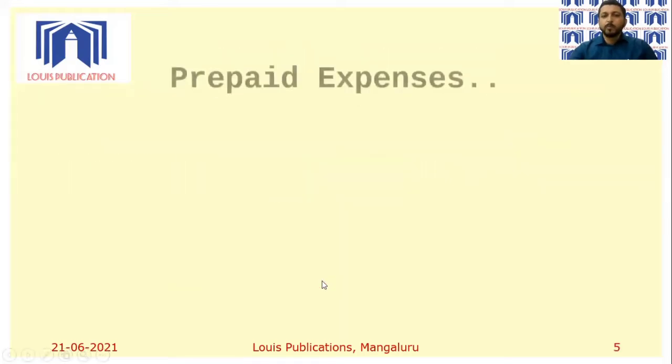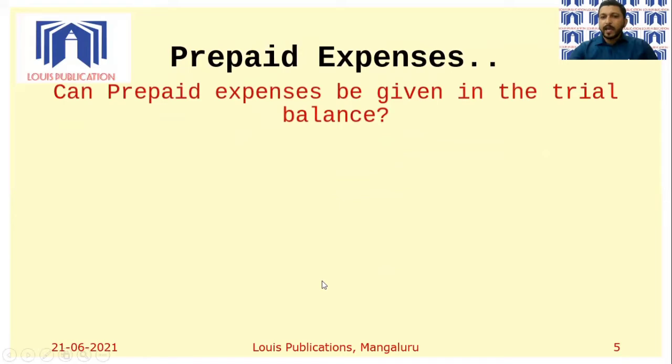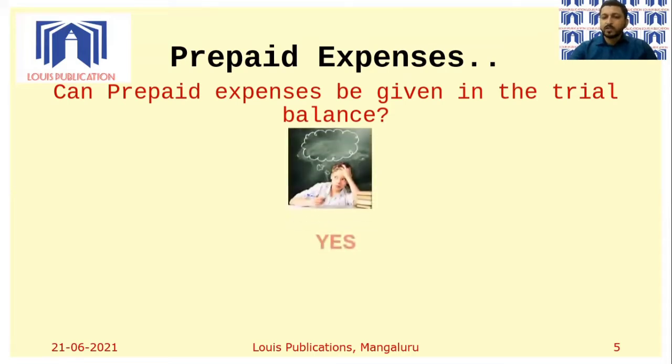Now, once again, we go back to the question: can prepaid expenses be given in the trial balance? We have been asking these questions for the 4+1 concept earlier. This is, you can say, the sixth time that we are asking this question. Can prepaid expense be given in the trial balance? The answer is yes. But when prepaid expenses appear in the trial balance, what does that mean?